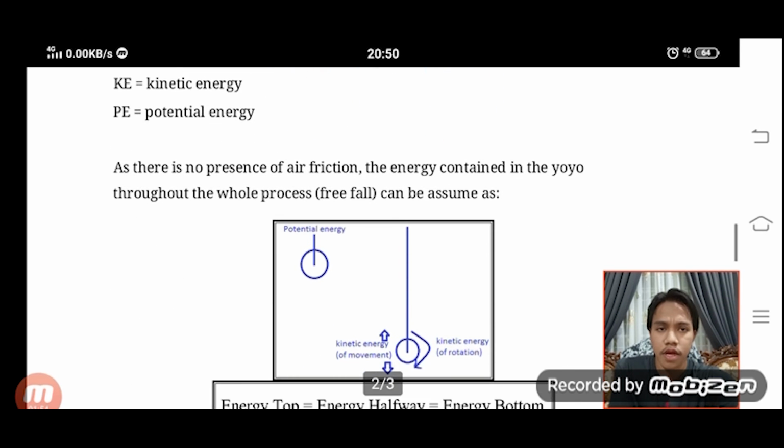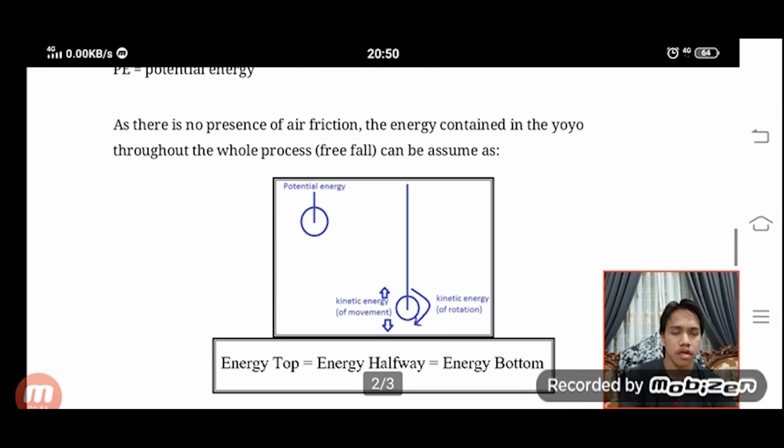Okay, as stated in the question just now, there is no air friction during the fall of the yo-yo, which means the energy contained in the yo-yo throughout the whole free fall process can be assumed as energy at the top equal to energy midway equal to energy at the bottom.